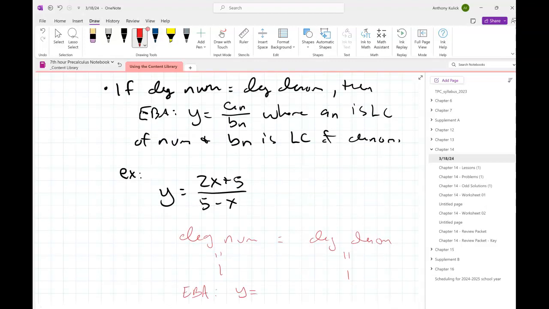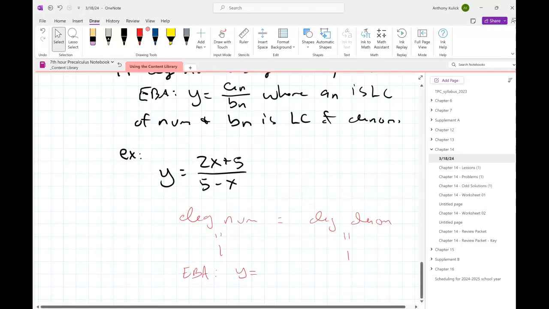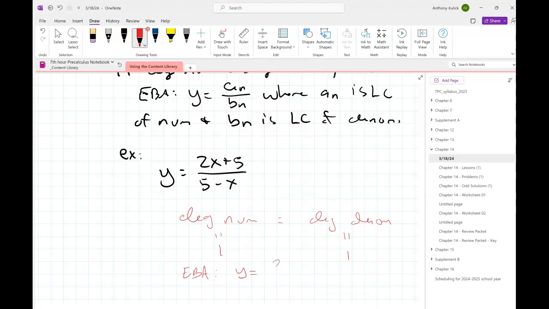Y equals. What's the leading coefficient of the numerator? 2. Very good. What's the leading coefficient of the denominator? Not 5. Not 1. Not x.